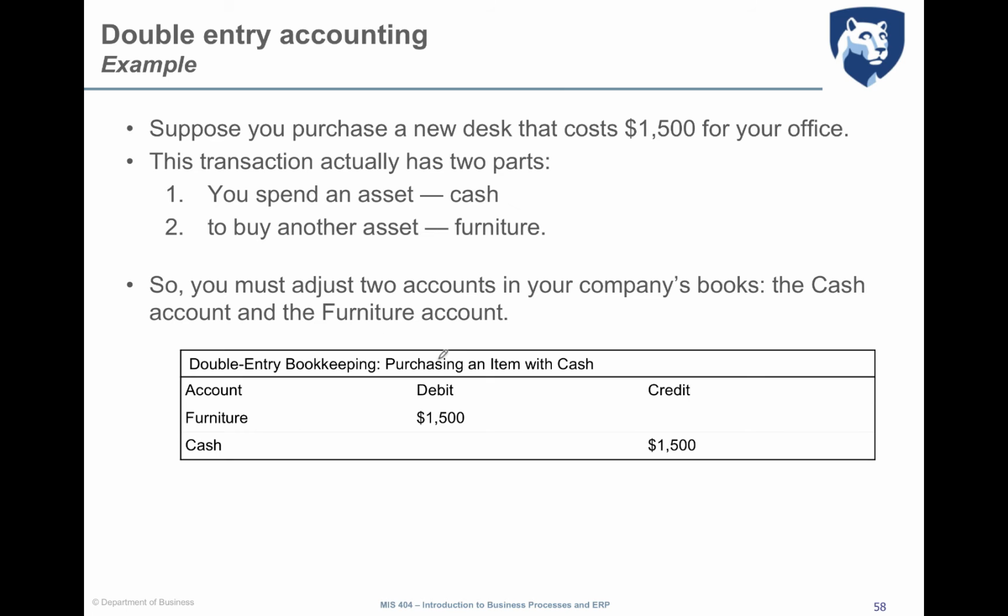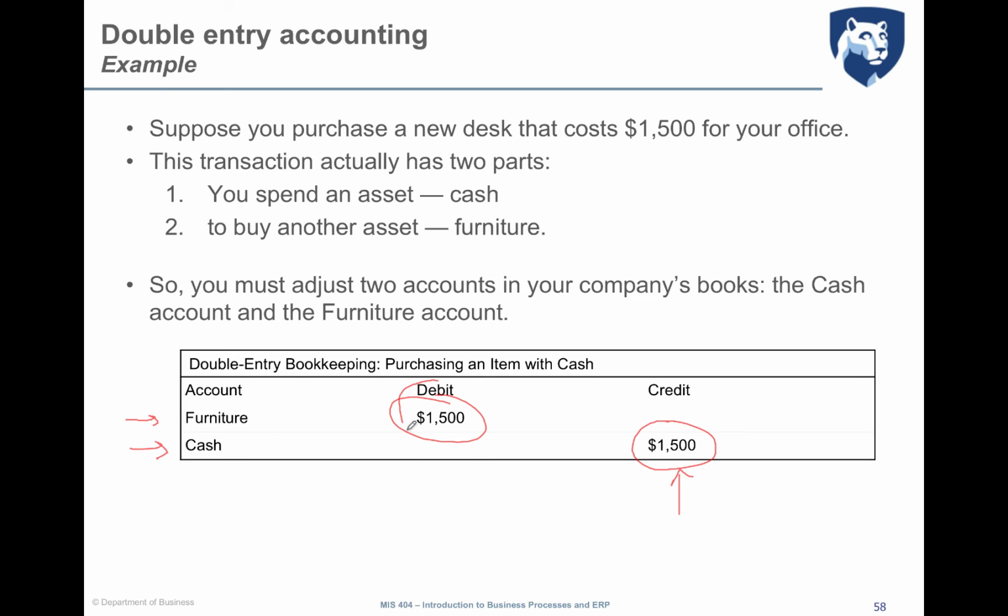You first record the accounts impacted by the transaction. So the debit increases the value of the furniture account, while the credit decreases the value of the cash account. For this transaction, both accounts impacted are asset accounts.